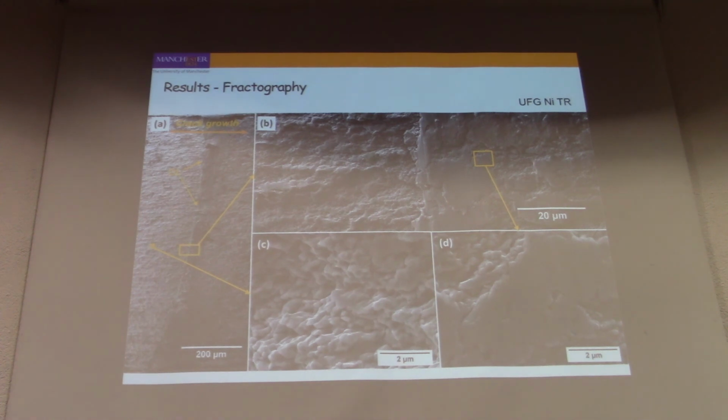We also did fractography analysis after the experiment. For the TR case, we can observe this overload boundary and the flat and dark regions showing the characteristic closure scars.